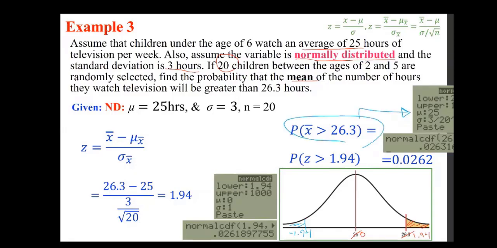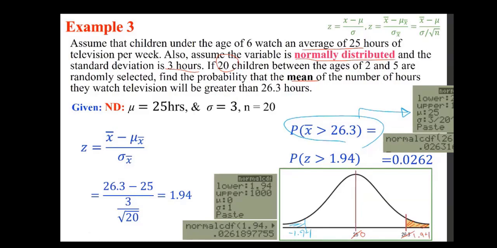I highly recommend you stick with the z, but here's how it works. What is the lower limit? 26.3. What is the upper limit? Again, if you put 1,000 or even 100, that works. But what is the value of mu? The mu remains as 25, not z. Remember, mu of 25 corresponds to the z-score of 0.